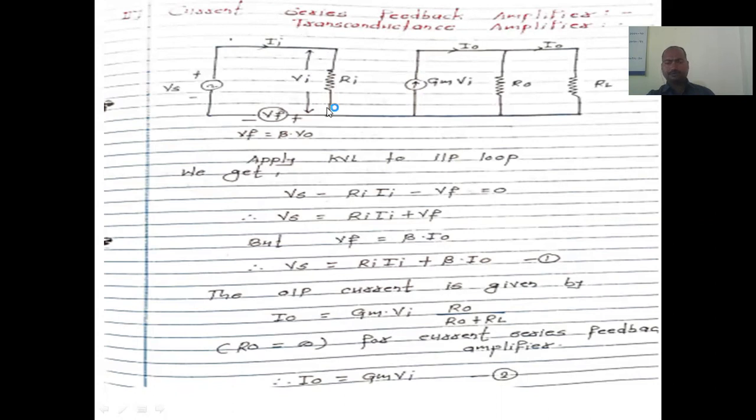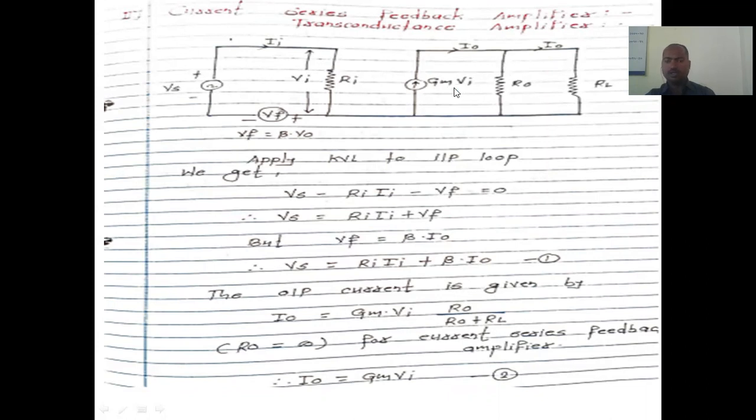So due to that, there should be generation of the output voltage, right? The output voltage is, since this is a transconductor type of amplifier, Gm into Vi. The input is applied to this type of output network.